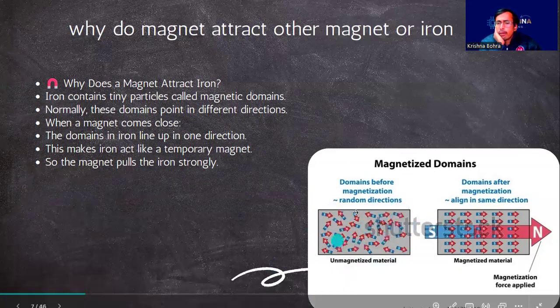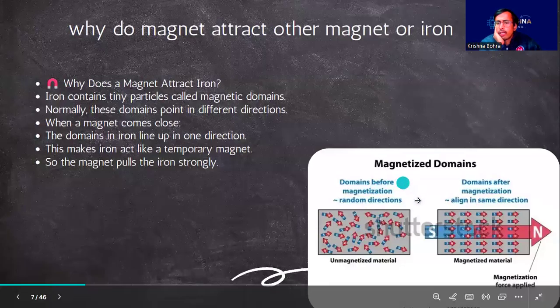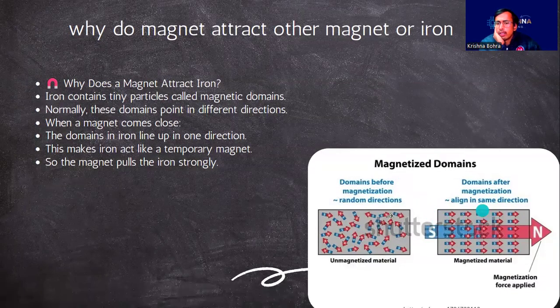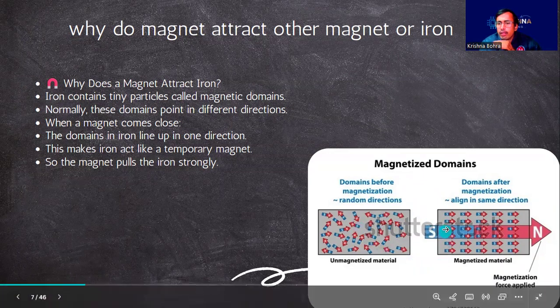When this ferrous substance comes in contact with this magnet, the alignment of its magnetic domains is random initially. Once it comes in contact with the magnet, the alignment of the magnetic domains becomes specific, according to the need of this magnet.